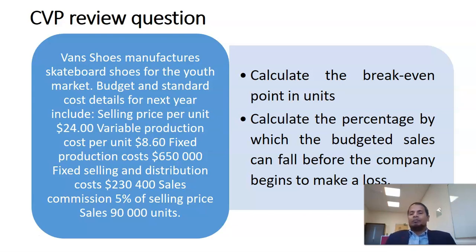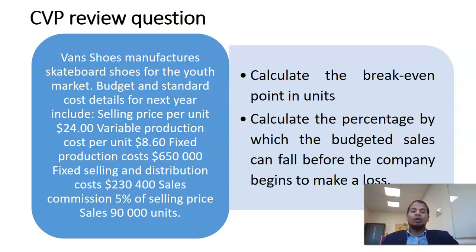Vans Shoes manufactures skateboard shoes for the youth market. Budget and standard cost detail for the next year include selling price $24, variable production cost 8.6, fixed production cost 650,000, fixed selling and distribution cost 230,400, and commission 5% of selling price, and sales 90,000 units.